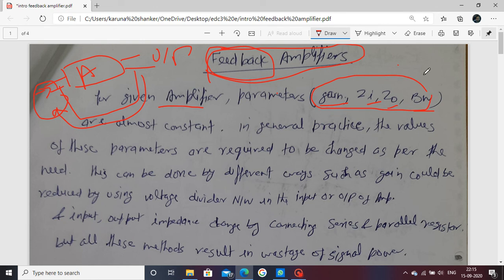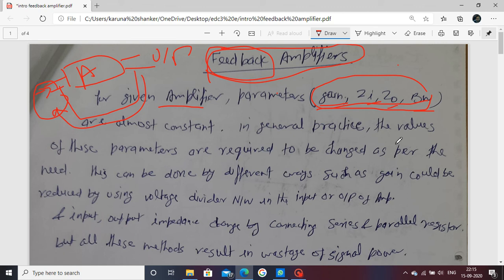You use some external components such as resistors and capacitors, connected in a parallel combination or as a divider network, to increase or decrease these parameter values.